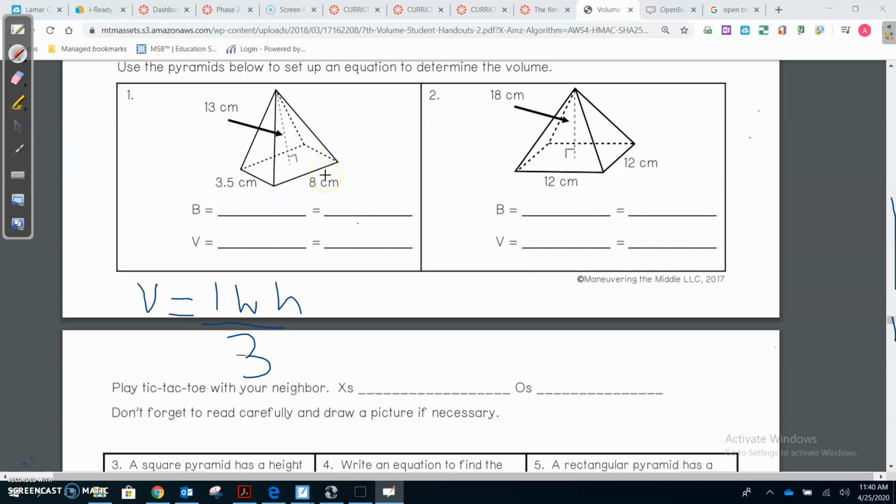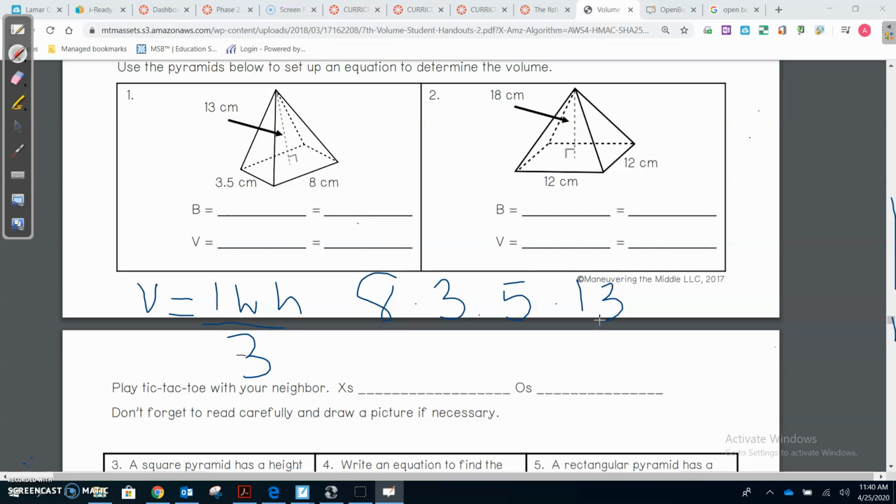It's this 8. So we have 8 times, our width is this 3.5, so times 3.5 times, now we need the height, and it's this very middle dimension, this 13. So 8 times 3.5 times 13.